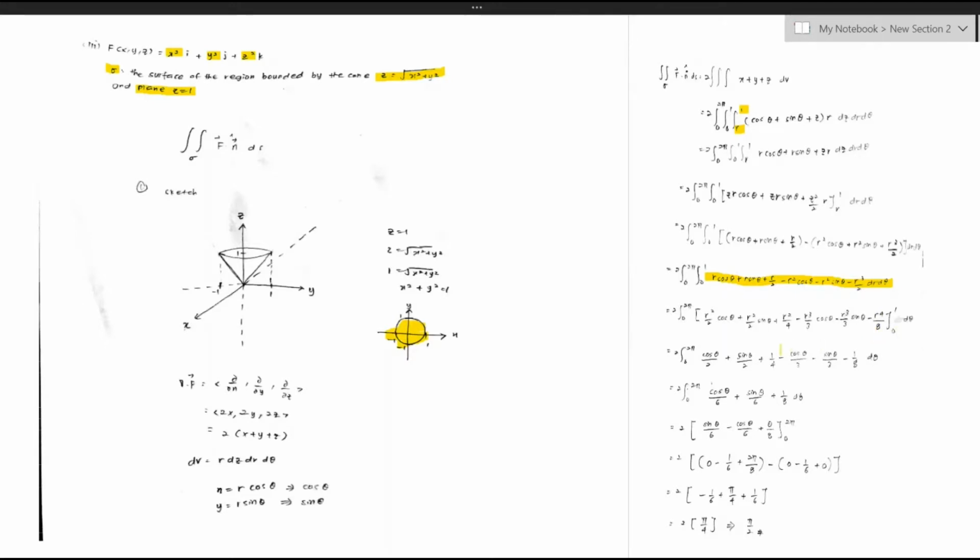We simplify, and then we get cos theta over 2 plus sin theta over 2 plus 1 over 4 minus cos theta over 3 minus sin theta over 3 minus 1 over 8. So we integrate in terms of theta, and we get sin theta over 6 minus cos theta over 6 plus theta over 8. So we will get the answer pi over 2.